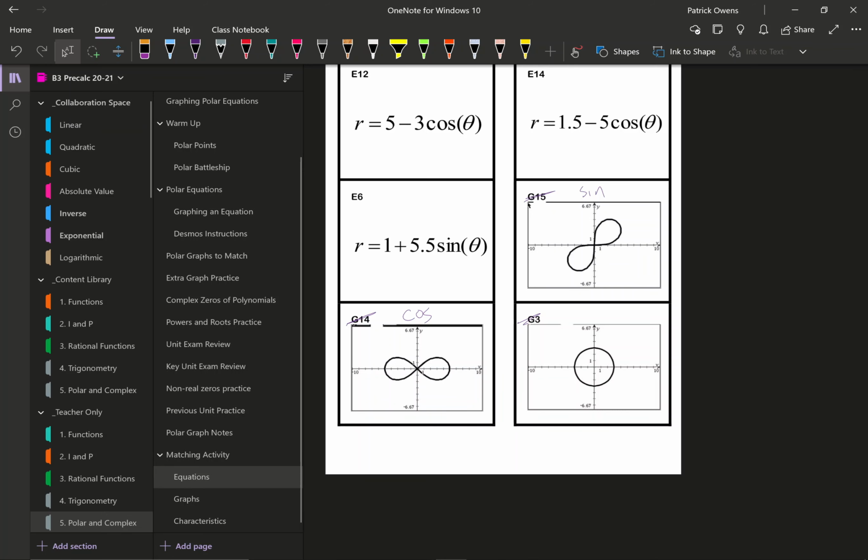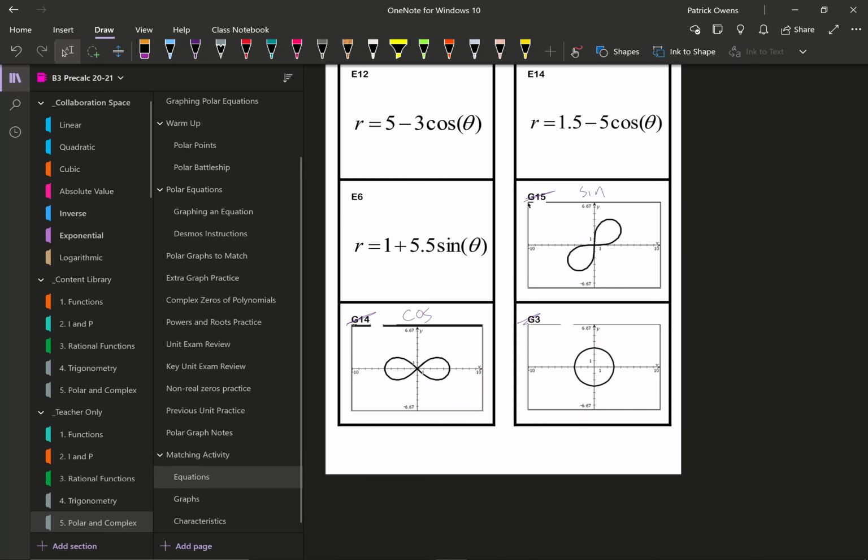We know that since B is greater than A, we're going to have a limacon with an inner loop, except this one's going to be symmetric about the x-axis, which is right here, so our G9. So G9 goes with E14. G9, we've got a limacon. And our characteristics, we still have an inner loop, so we've got C10.